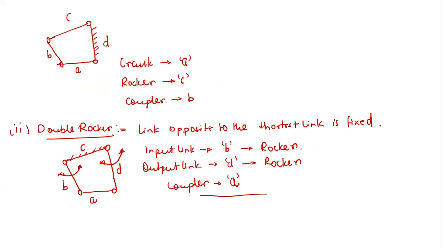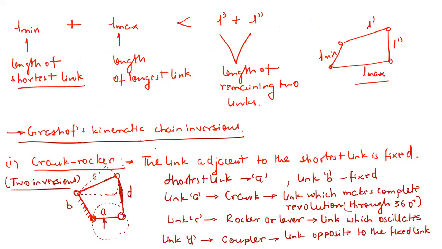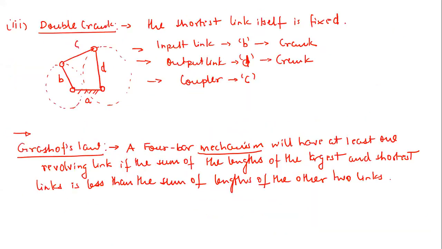So based on the above discussion, we can conclude this. If I fix this link, then this link A will be revolving. And if you fix, let's say, the shortest link itself, then again this link B and D both revolve. So at least one link is revolving in these two cases, that is, in the double crank case and in the case of a crank rocker.